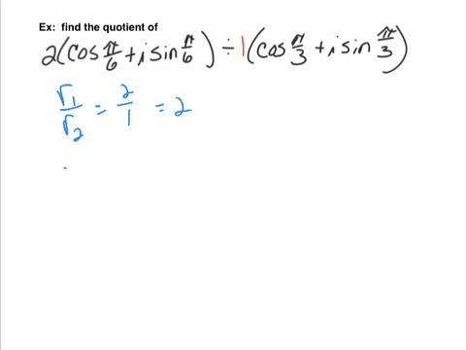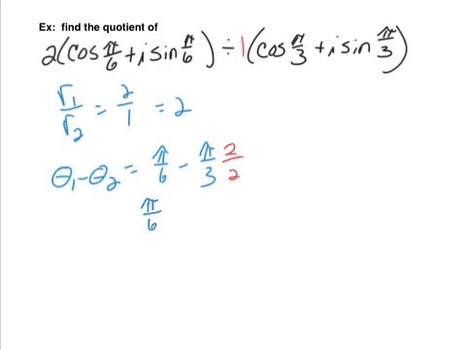And then theta 1 minus theta 2, that's going to be pi over 6 minus pi over 3. This is where it only gets slightly complicated. I need to convert this so I can subtract it from 6, which means I multiply top and bottom by 2. And that's pi over 6 minus 2 pi over 6. So that's going to give me negative pi over 6. We could just leave it like that.